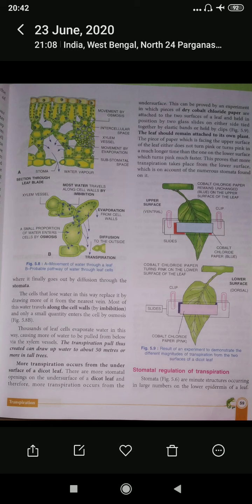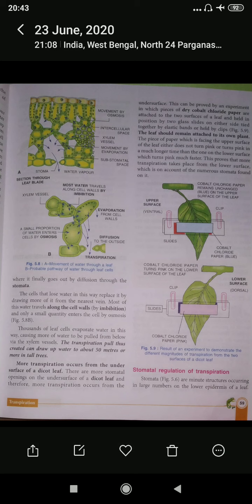Now, during daytime, what happens? The guard cells carry out photosynthesis and produce glucose. So, the osmotic pressure of guard cells increases, making them hypertonic. Thereby they absorb water from the surrounding cells by the process of endosmosis and become turgid.